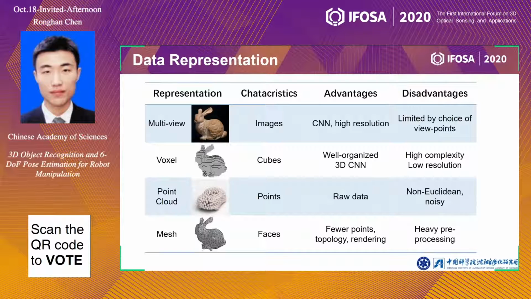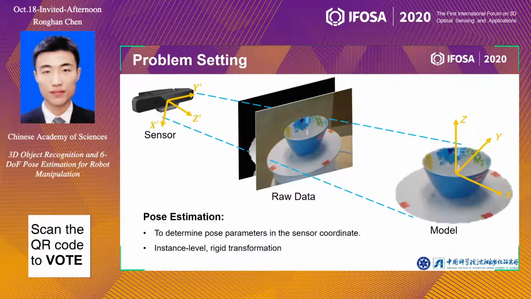So, what's the pose estimation problem? Given an input image here, the pose estimation problem aims at determining the pose of the model in the image under the coordinates of the sensor here.